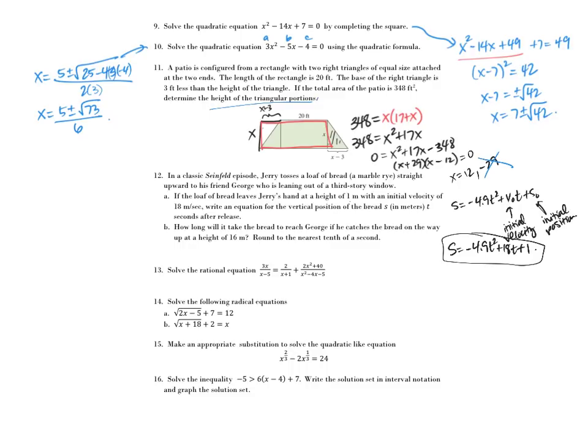And for part B, it says, how long will it take the bread to reach George if he catches the bread on the way up at a height of 16 meters? So we want to let 16 meters be the height. And we want to set this. Okay, and so I can subtract that 16 over.